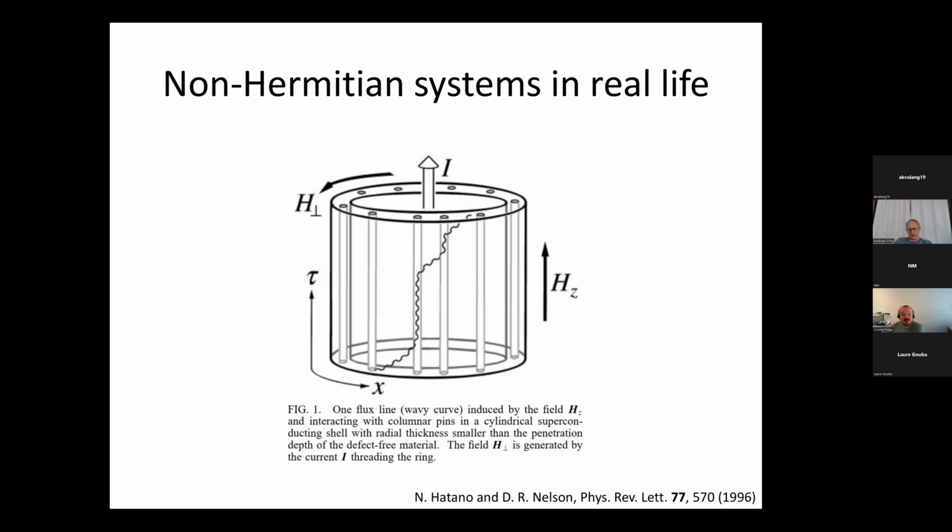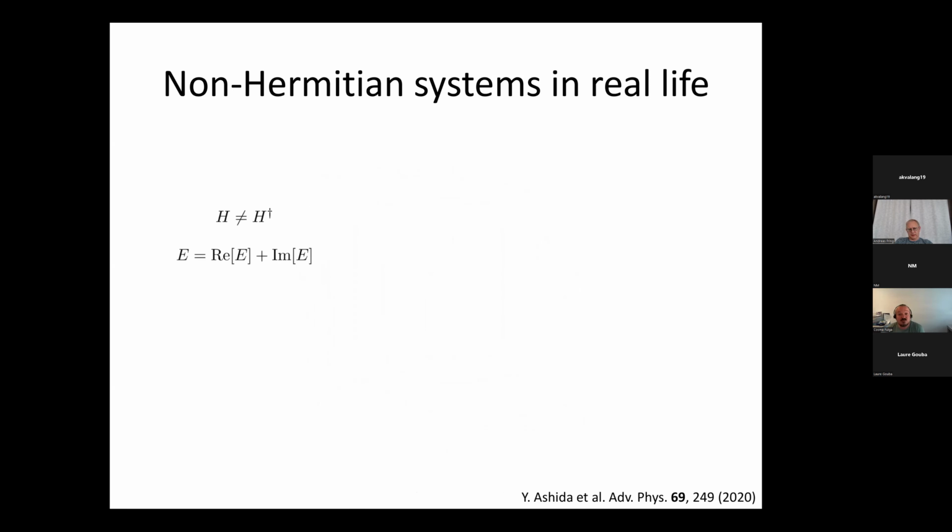If you want time to be time, however, you generally do non-Hermitian systems by thinking about gain and loss. So physically, a non-Hermitian Hamiltonian is usually understood as saying that the complex eigenvalues, the energies, are formed of a real part and an imaginary part.